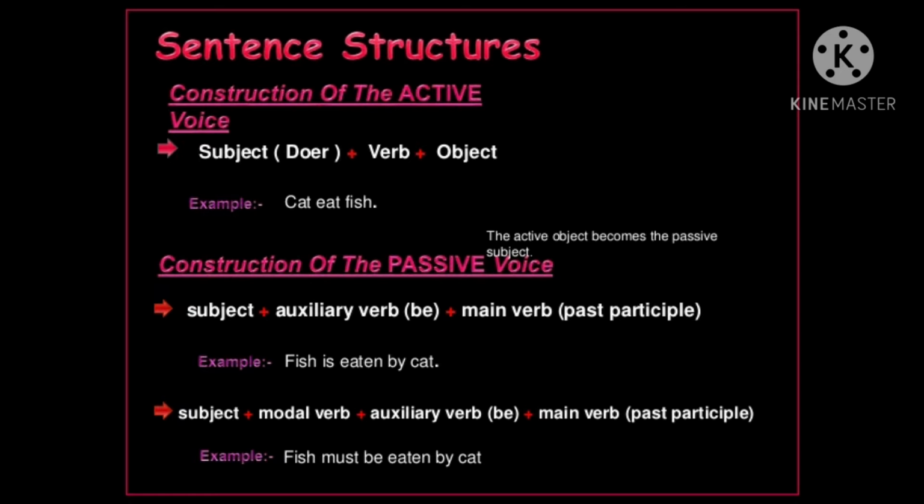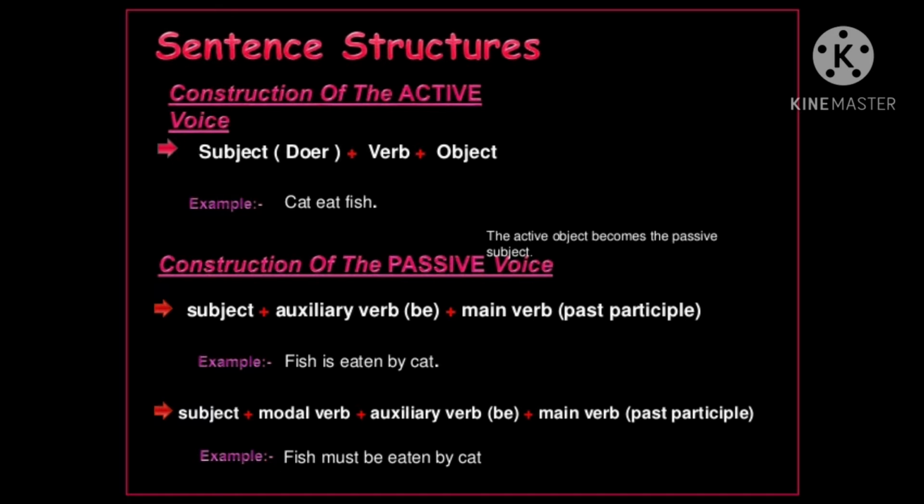For example, in the active voice, the object is fish. When we change into the passive voice, this object becomes the subject. So, here you can see fish is eaten by cat. Here fish is the subject, is is the auxiliary verb, eaten is the main verb, and the cat becomes the object.